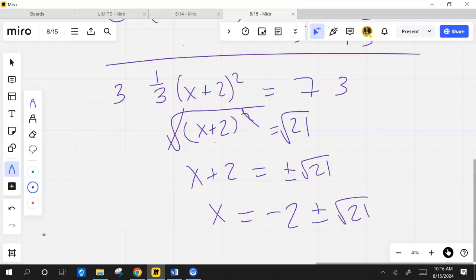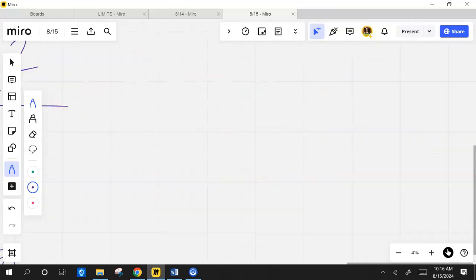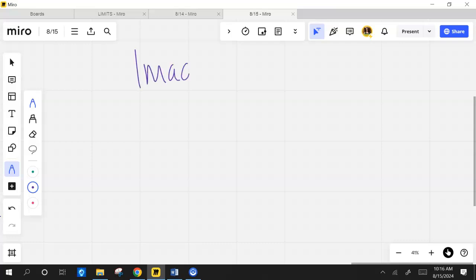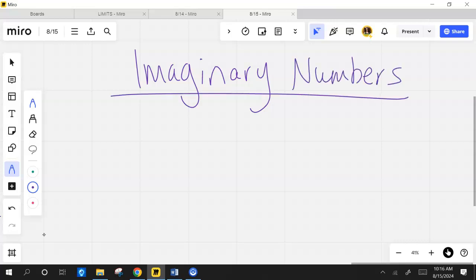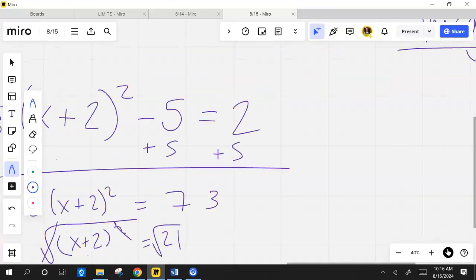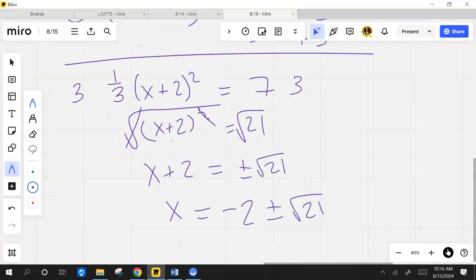All right, how are we feeling about we'll still be practicing with this as we do imaginary numbers. All right. Imaginary numbers. I got one right here. Yeah, 147. I can't imagine why, Jamar.